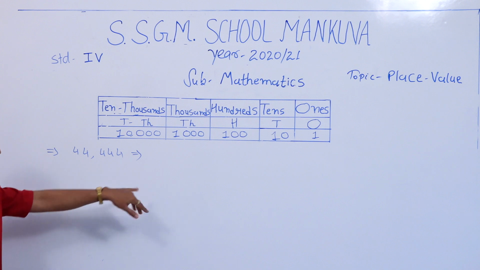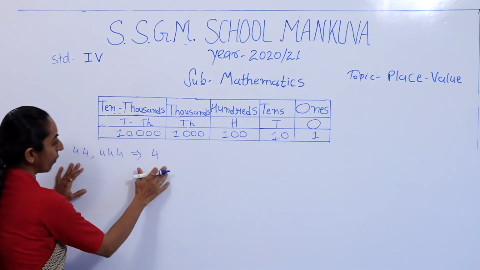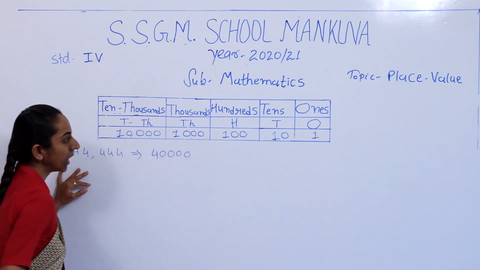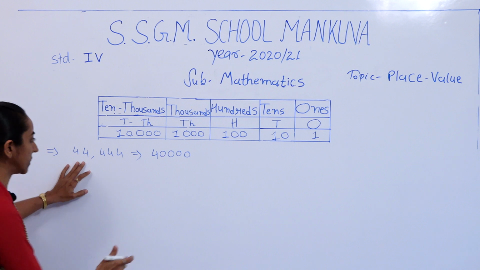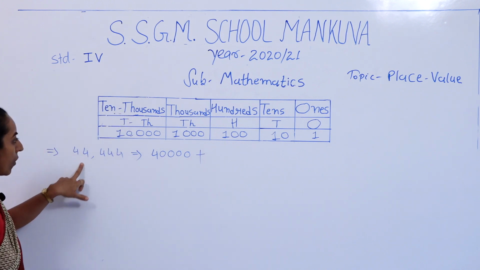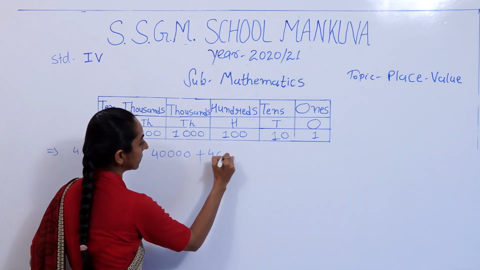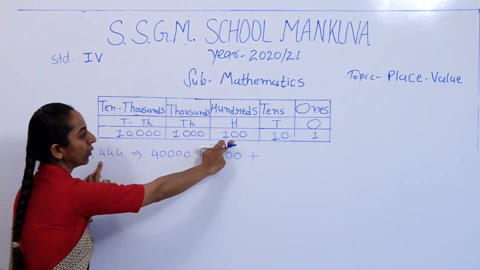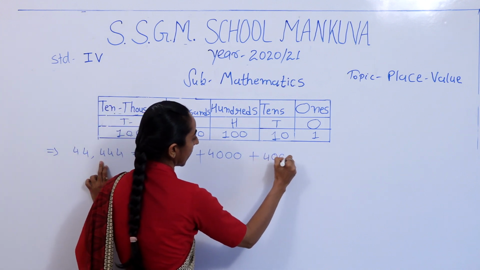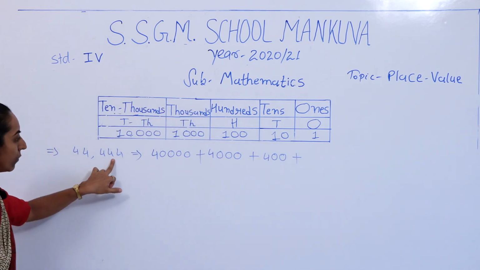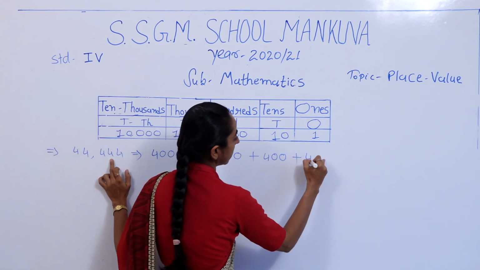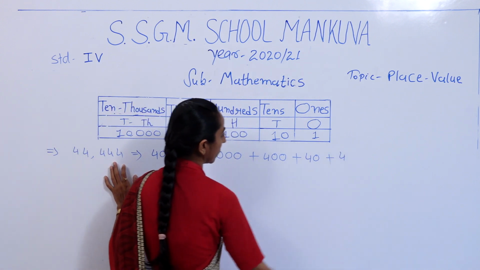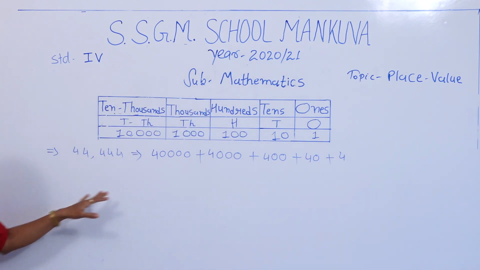You know that we write 4 into 10,000, the answer is 40,000. Addition of all the places: plus 4 into 1000, 4,000, plus this 4 into 100, the answer is 400, plus 4 into 10, the answer is 40, plus 4 into 1, the answer is 4. This is the expanded form.